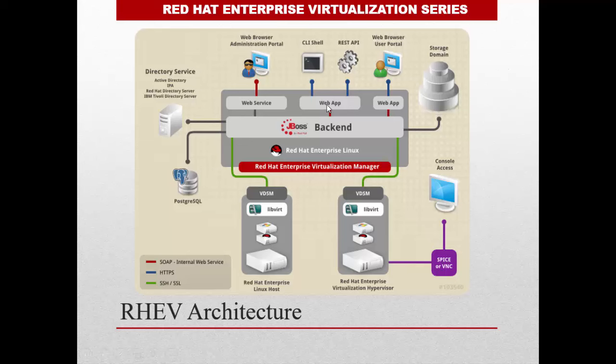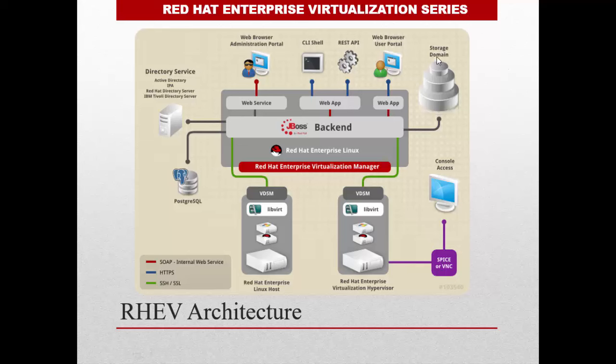And there will be a web app for the CLI and the REST API, which will serve your cloud management platforms such as OpenStack. And so that's where the RHEV-M fits in.